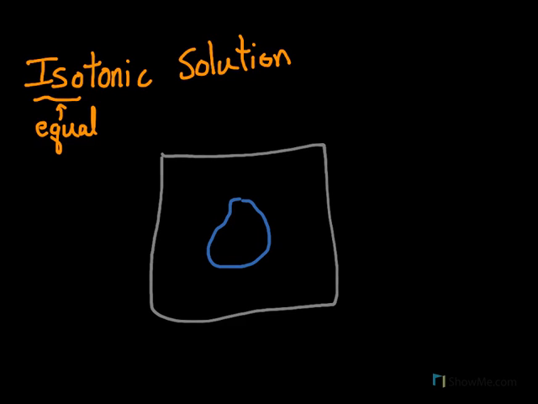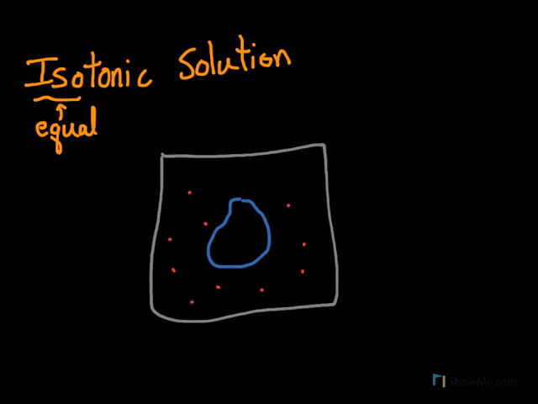Well, what we have to do is have an equal amount of salt on the inside of the cell and the outside of the cell. So they're equal concentrations. So let's draw in some salt. 1, 2, 3, 4, 5, 6, 7, 8, 9 approximately.